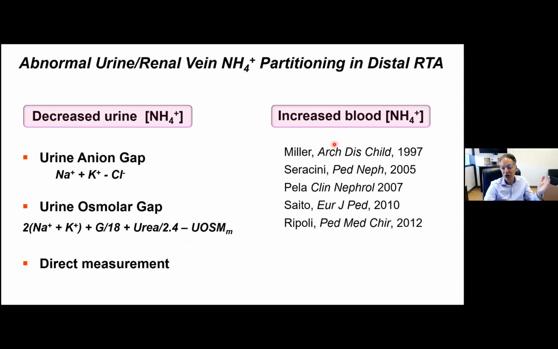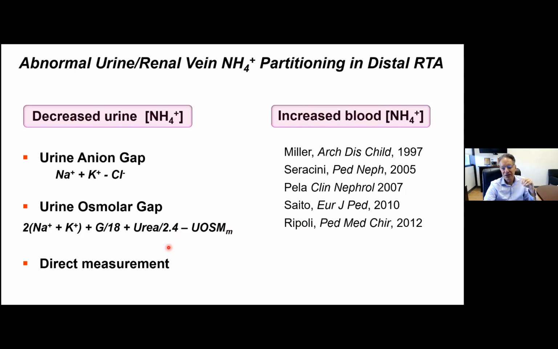The reason the blood ammonia is increased is we have an abnormality in, as I said, renal ammonia partitioning, where we are unable to get the ammonia into the urine, and that ammonia just leaves the kidney and goes into the blood. And in the presence of decreased hepatic ureagenesis, because the patients have metabolic acidosis, that blood ammonia can go up. And it's just something to consider.